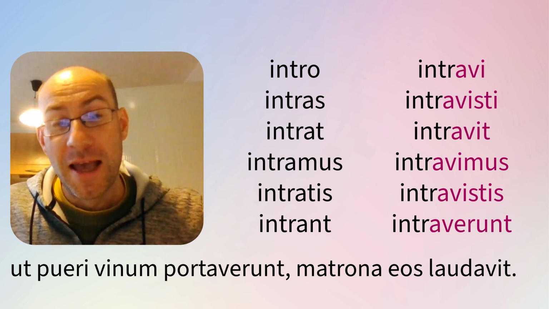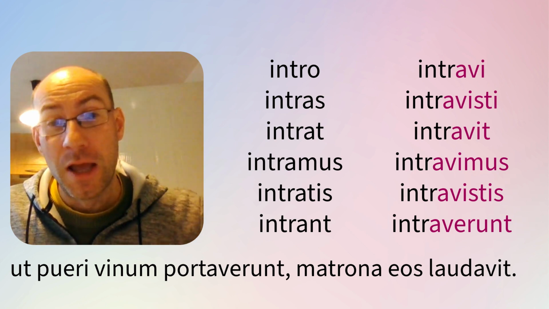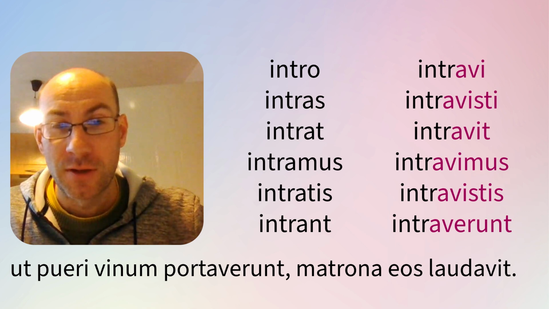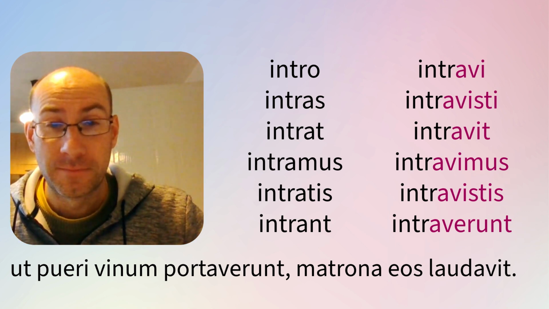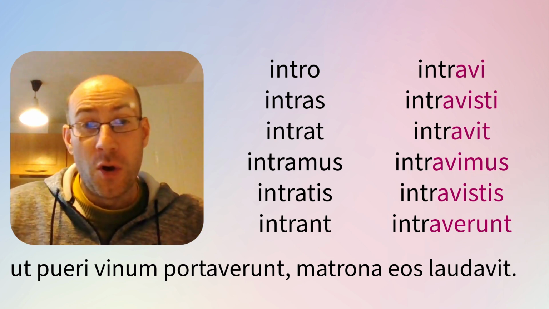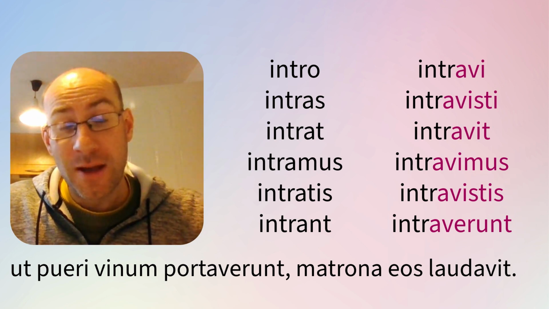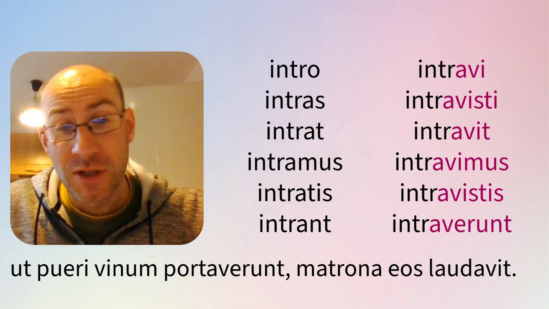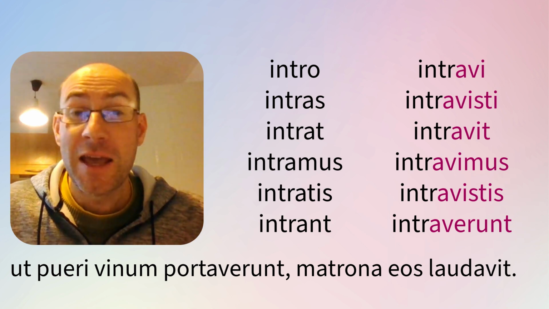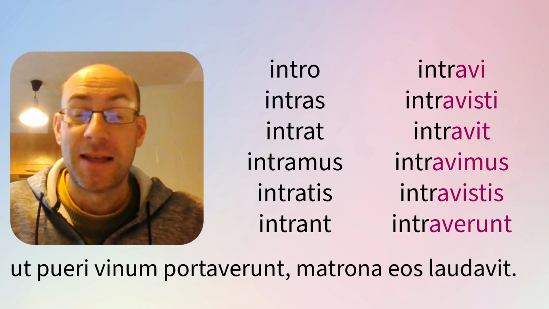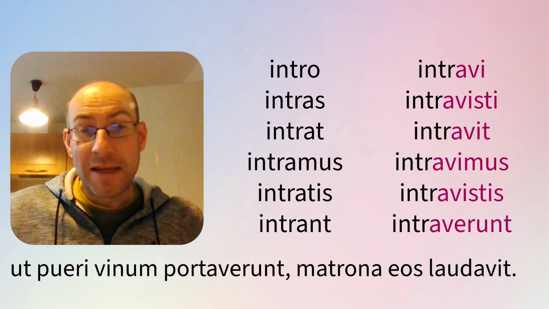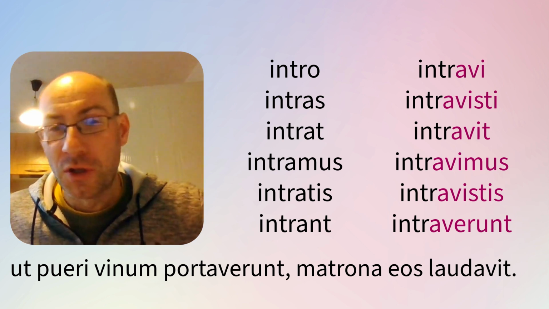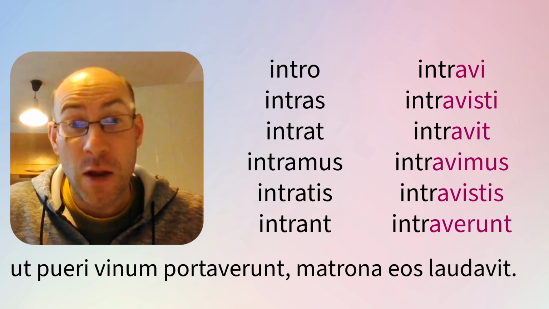Ubi or ut, pueri, nominative plural, vinum portaverunt, matrona eos laudavit. Ut pueri vinum portaverunt, matrona eos laudavit. Okay, very good. So now we can connect sentences using ut or ubi to say when.